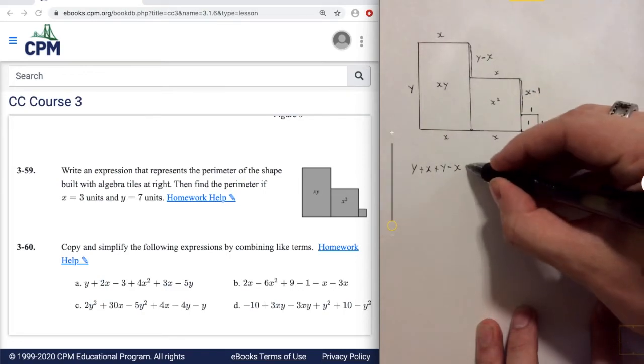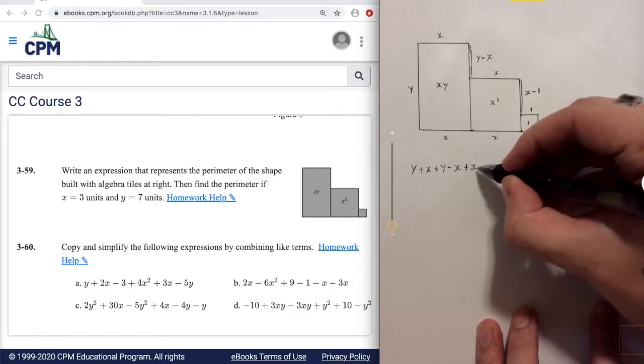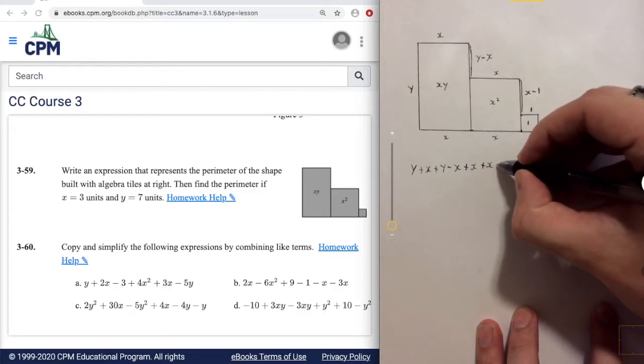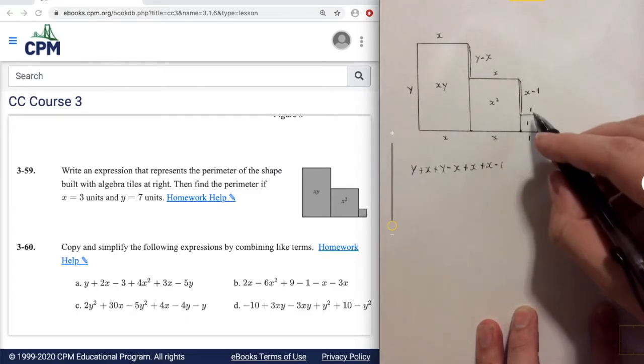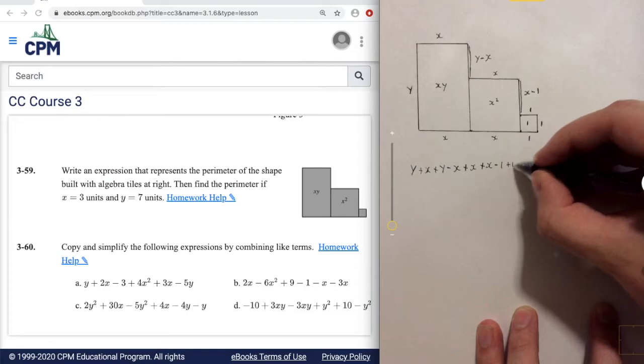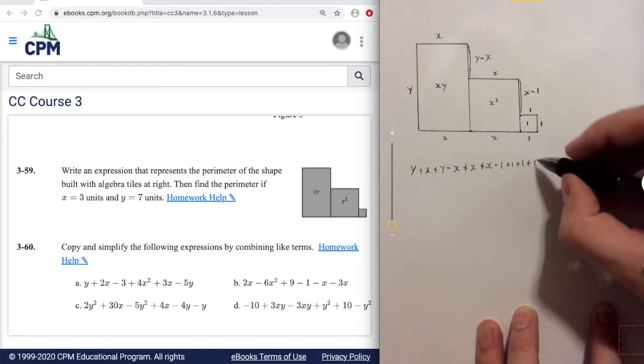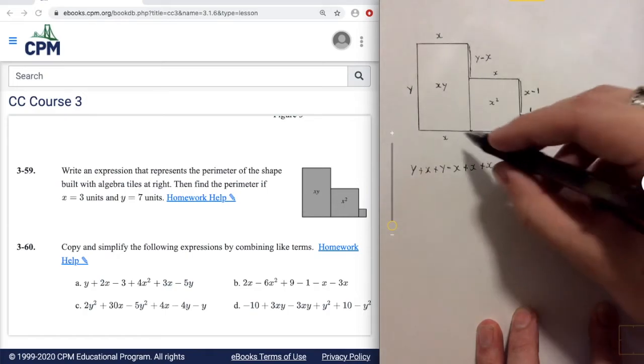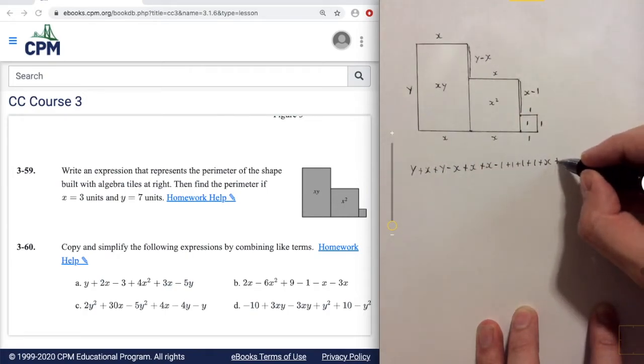And we're going to add x. We'll add x minus 1 plus 1 plus 1 plus 1. Add x. And finally add one last x to get back where we started.